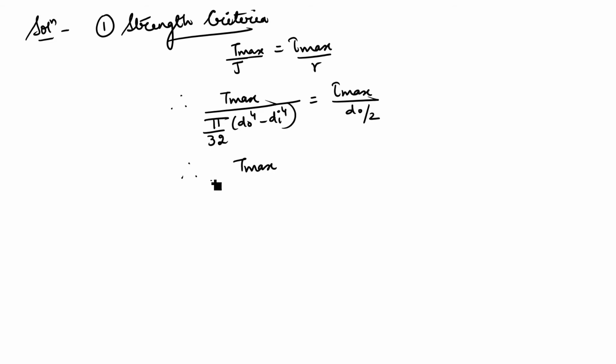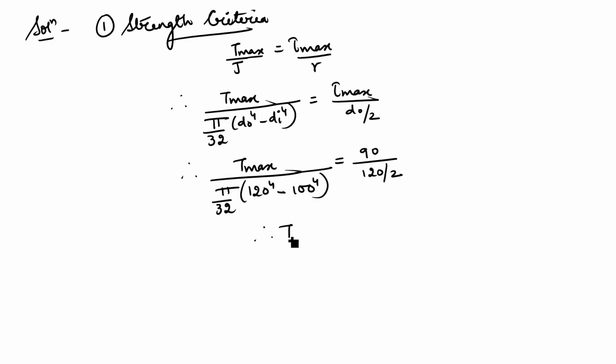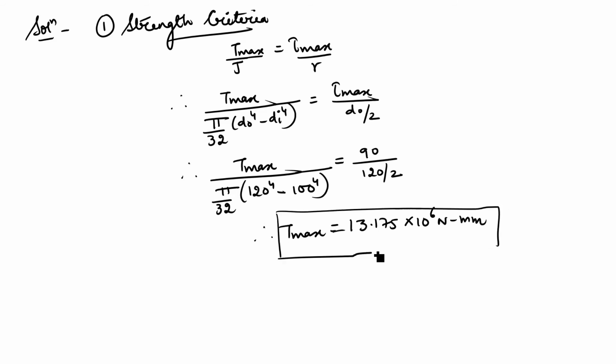T max upon pi by 32, 120 raised to 4 minus 100 raised to 4 is equal to 90 upon 120 by 2. When I solve this, I get T max as 13.175 into 10 raised to 6 Newton mm. Next, let's solve using the rigidity criteria.